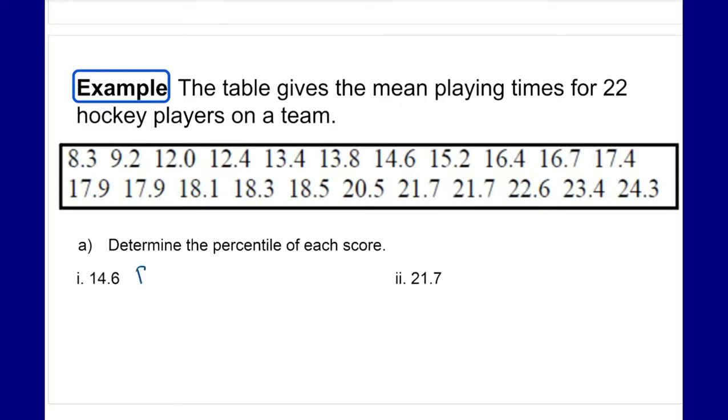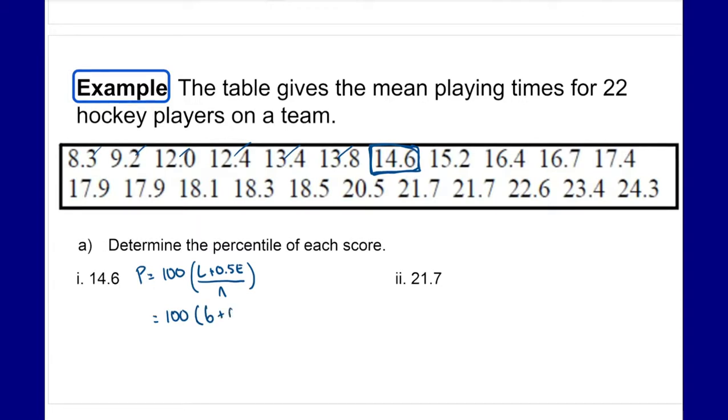We're going to use our formula, P equals 100 times L plus 0.5E, all divided by N. We find that score of 14.6, which we see right here. How many values are less than that? Well, 1, 2, 3, 4, 5, 6. There are 6 times less than that.